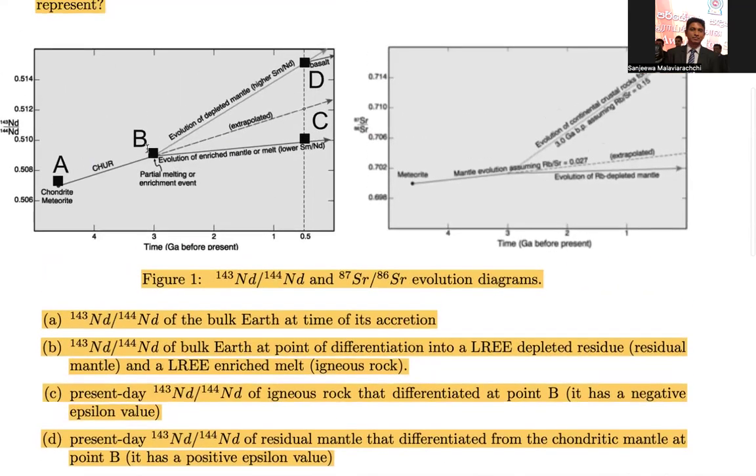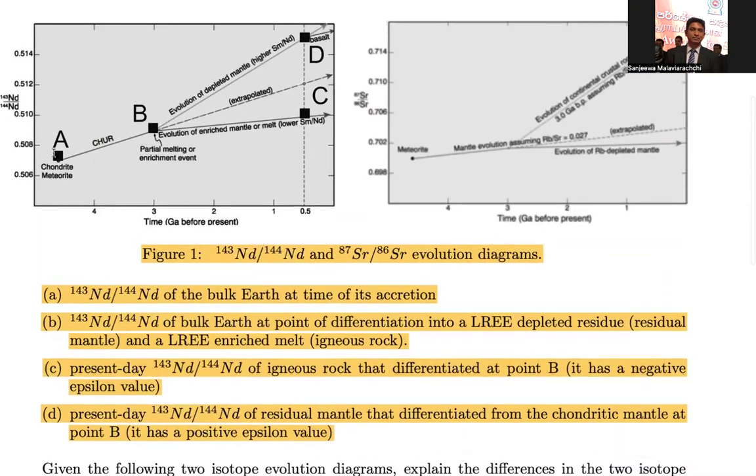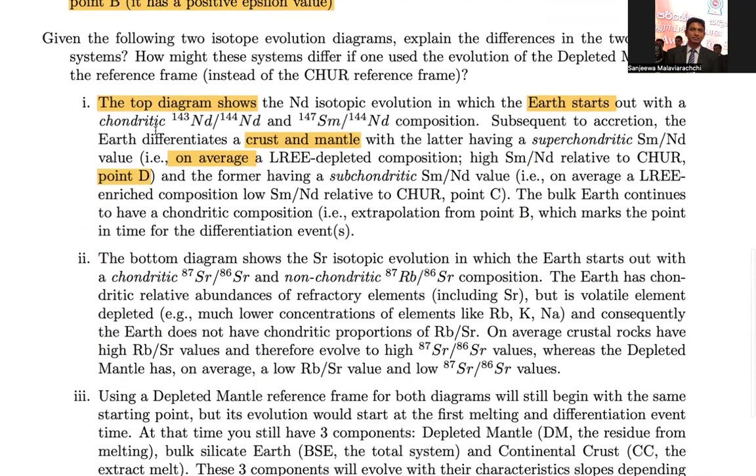Right here, Earth differentiates, right? So Earth evolves after the accretion, and then what happens? Earth differentiates crust and mantle, with the latter having a higher samarium neodymium ratio. Higher samarium neodymium ratio. That means superchondritic samarium neodymium for the mantle.